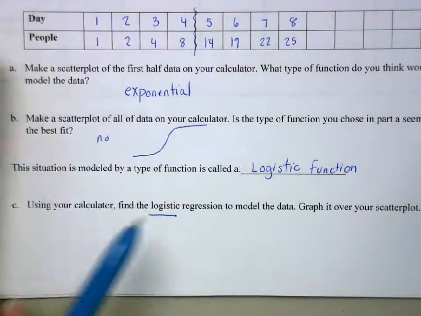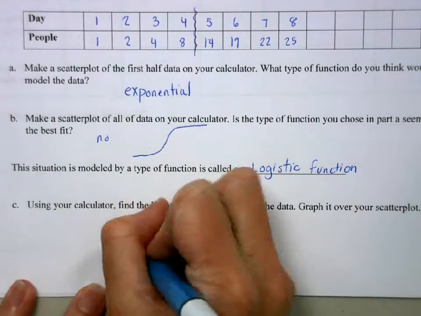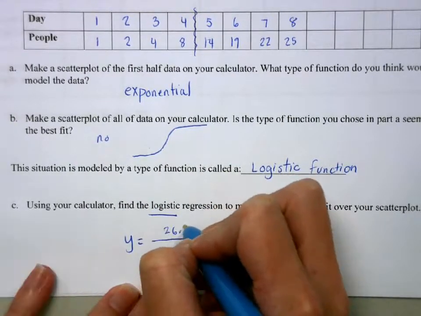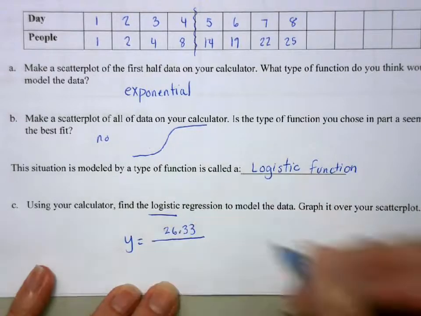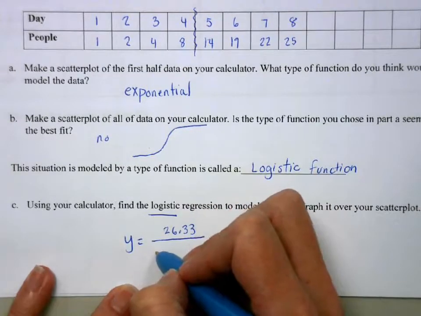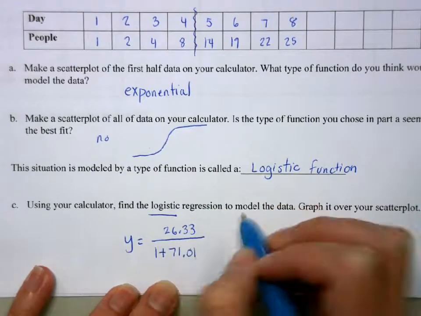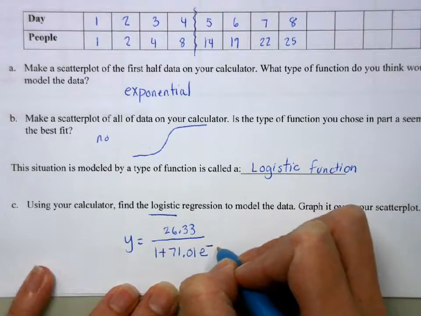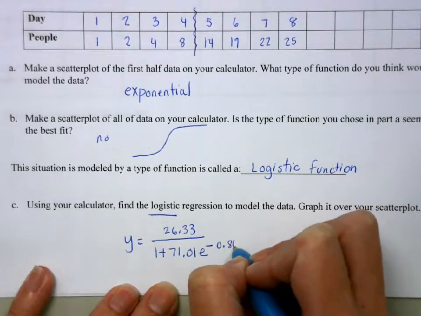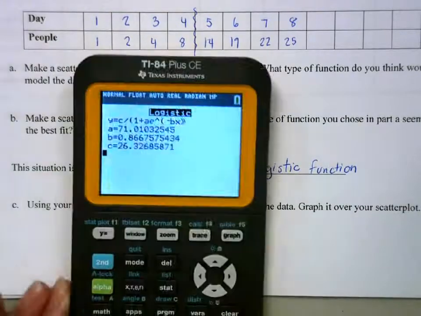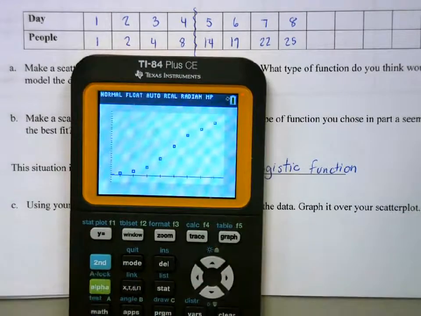So this is y equals, you have your calculator in front of you. The c value goes on top, 26.33. Okay, on the bottom is 1 plus a, in this case was 71.01, e to the negative 0.867x. Okay, kind of a funny looking curve. But if we go to our graph, remember we stored it in y1. Okay, that looks like a good fit.